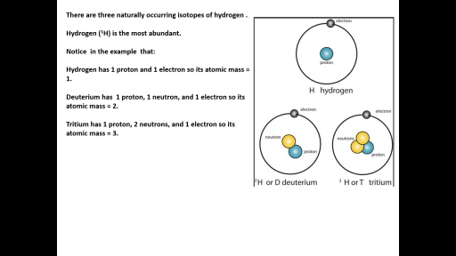Getting back around to isotopes, isotopes of a particular element behave the same in chemical reactions. Think about this: what determines the chemical behavior or reactivity of an atom? That's the electrons. In this case, hydrogen, deuterium, and tritium all have one electron because their atomic number is 1.